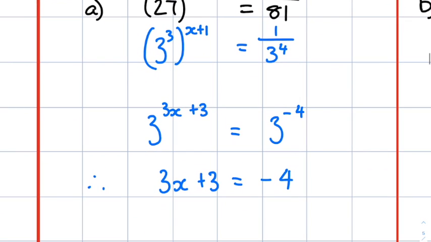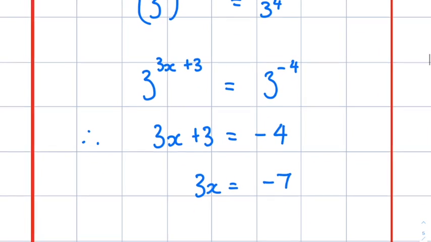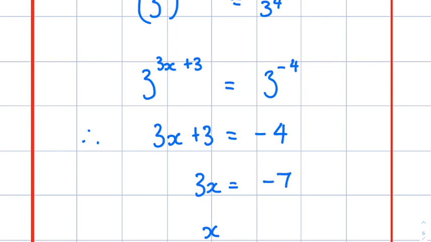Now it's quite simple to solve for x. We subtract 3 from both sides, leaving us with negative 7, and then dividing both sides by 3, we're left with x is just negative 7 over 3.